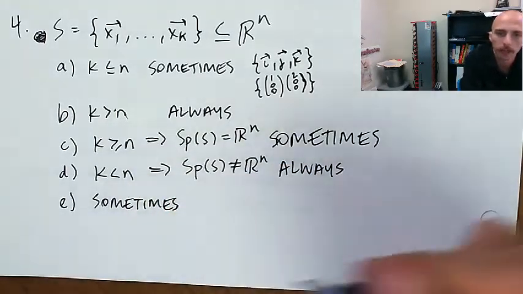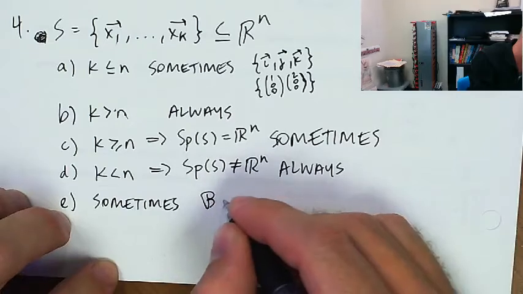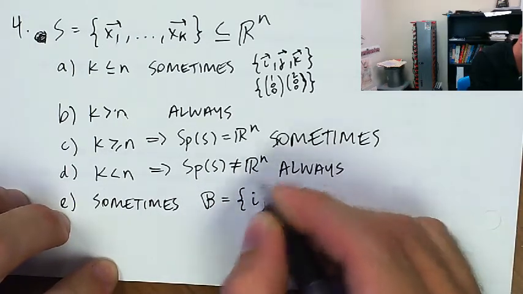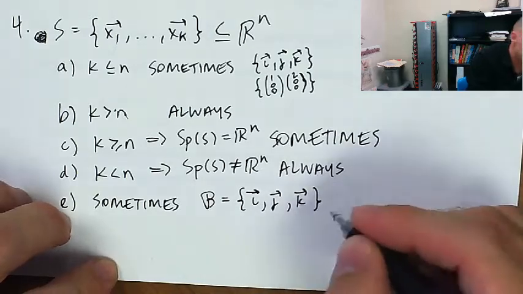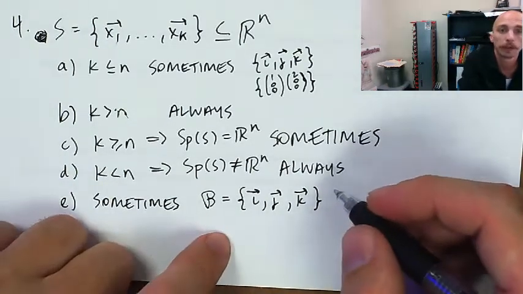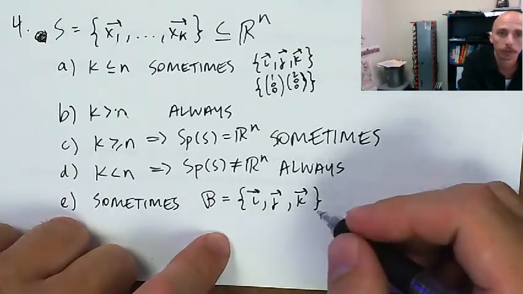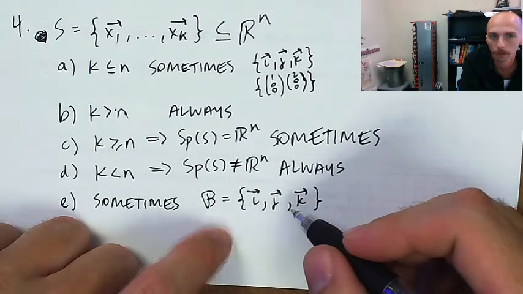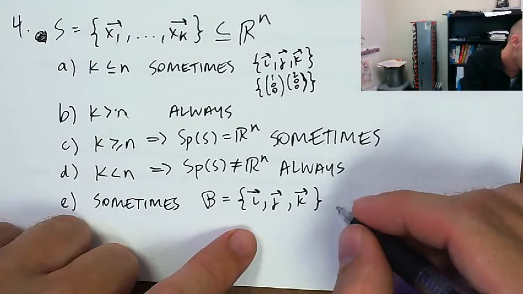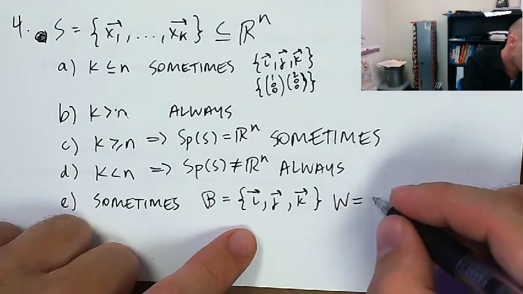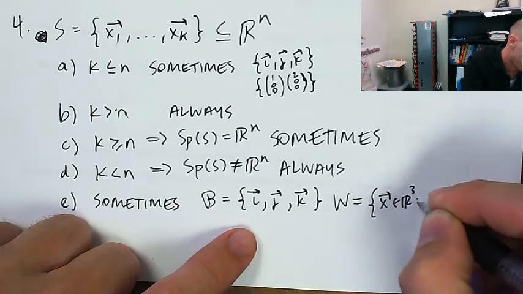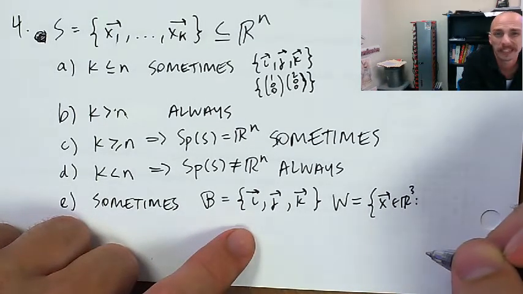Because it's saying B is a basis for Rn, and W is going to need to be a plane that goes through the origin. But I'm going to say that there's no subset of this that forms a basis for W. Let's say W equals the plane, say z equals x plus y, maybe?